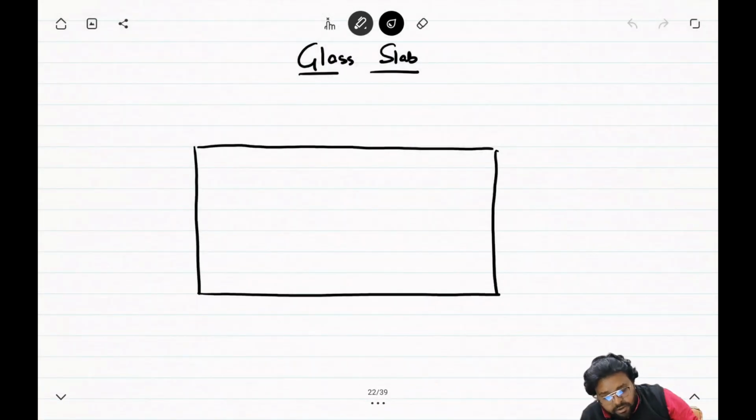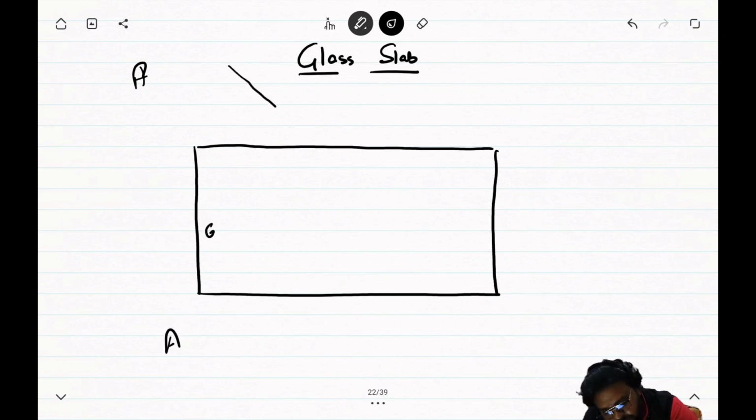Now talking about a glass slab. See, this is a glass slab. It is a cuboidal, transparent medium bounded between parallel surfaces. It is basically a transparent cuboid. So in this case, what happened? This is air, this is glass, this is again air.